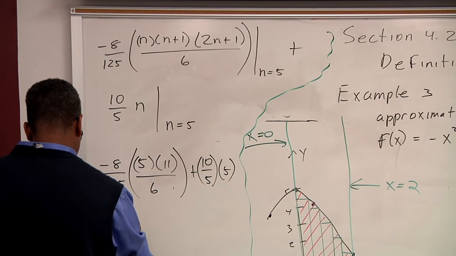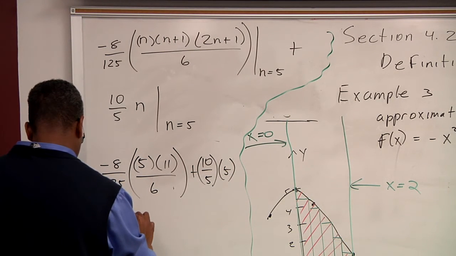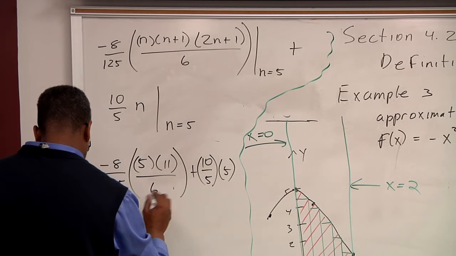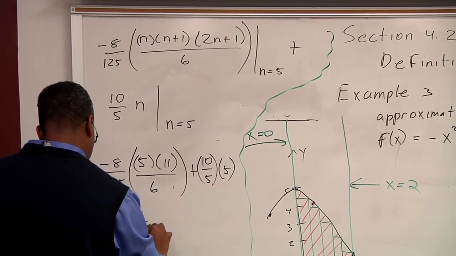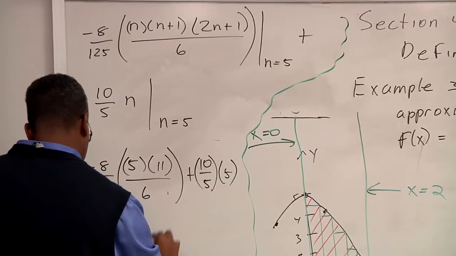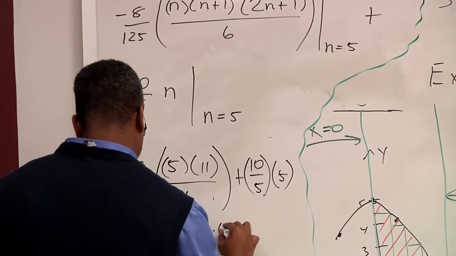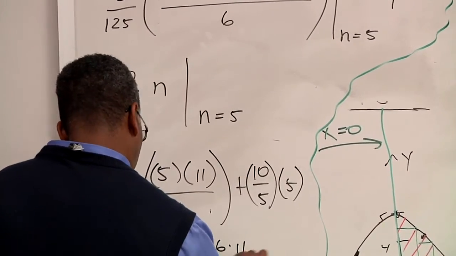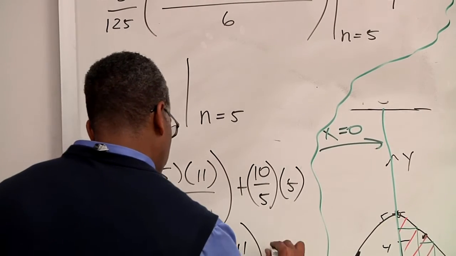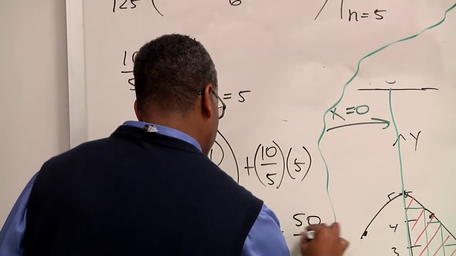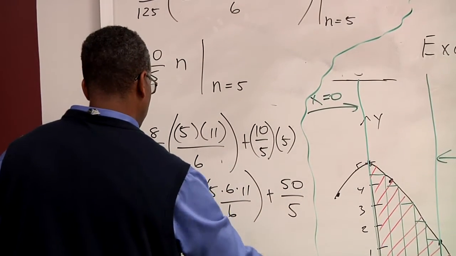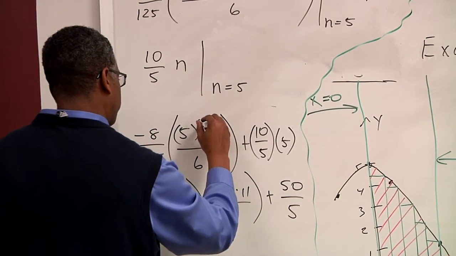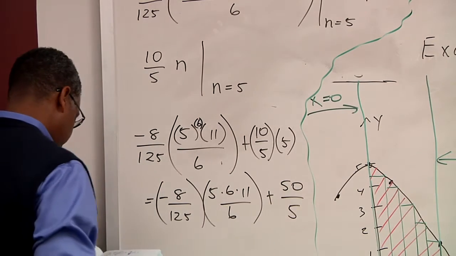Let's do this one more time: minus 8 over 125 times 5 times 6 times 11, all over 6, plus 50 over 5. Yes, there should have been a 6 here. I apologize for that. All right, let's keep going.